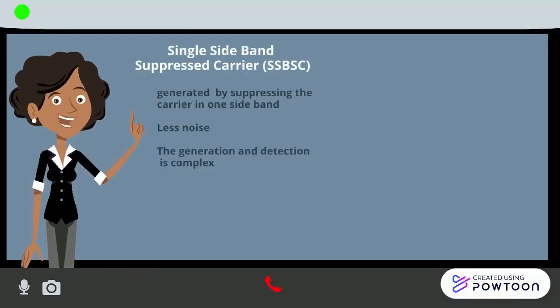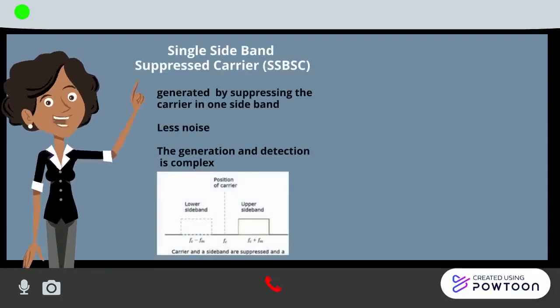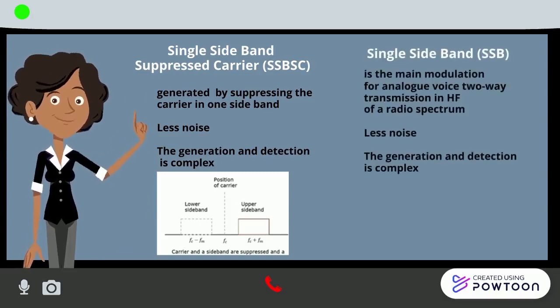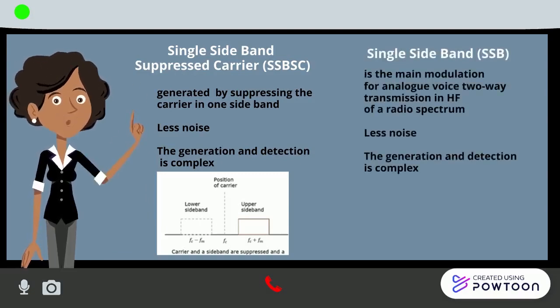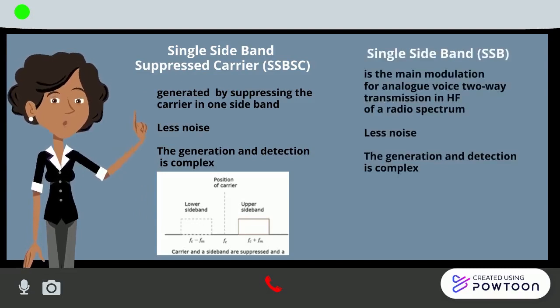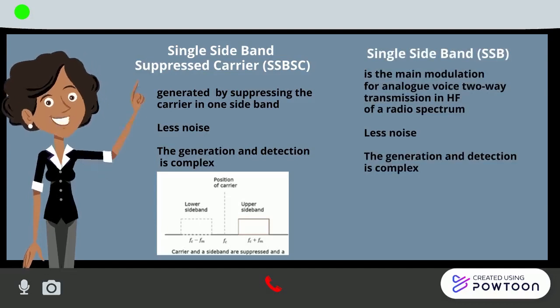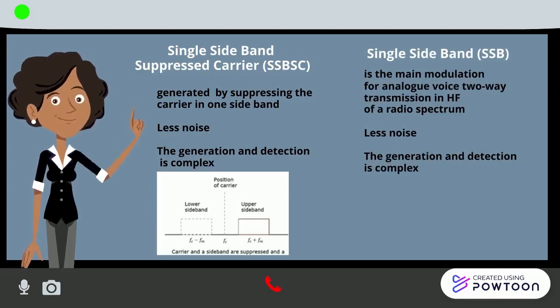There are many variants of single sideband modulation that are used, and there are several different abbreviations for them. One of them is SSBSC, which stands for single sideband suppressed carrier. It is the form of SSB modulation where the carrier is removed completely, as opposed to SSB reduced carrier, where some of the carrier is left. It is plotted as shown in the figure below.